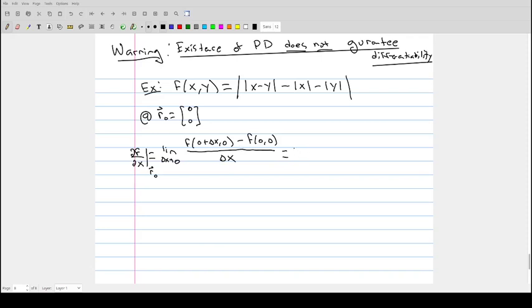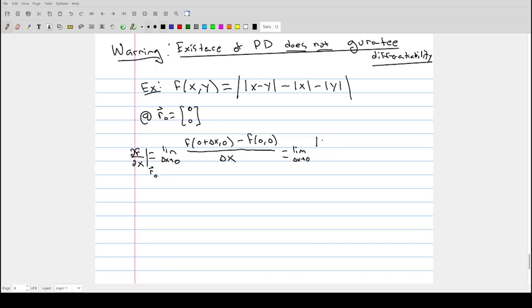So this is the same thing as the limit as delta x goes to 0 of, well, when y is 0 for both these cases, so this is 0, this is 0. And then for this first case, it's just going to be f of delta x comma 0.